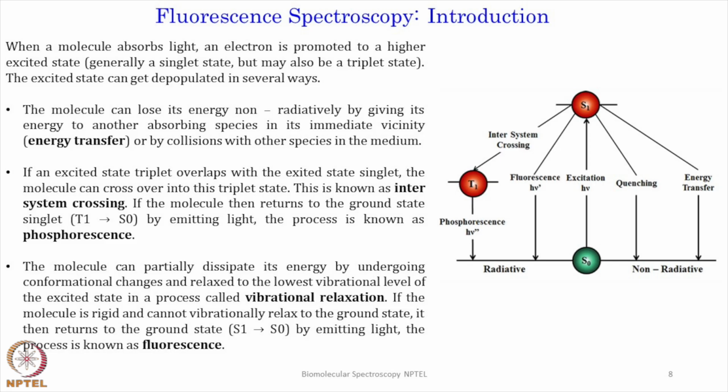A molecule can partially dissipate its energy by undergoing conformational change, flip-flop, vibrational relaxation, or internal crossing. But when it comes from S1 to S0 radiatively, that is called fluorescence.